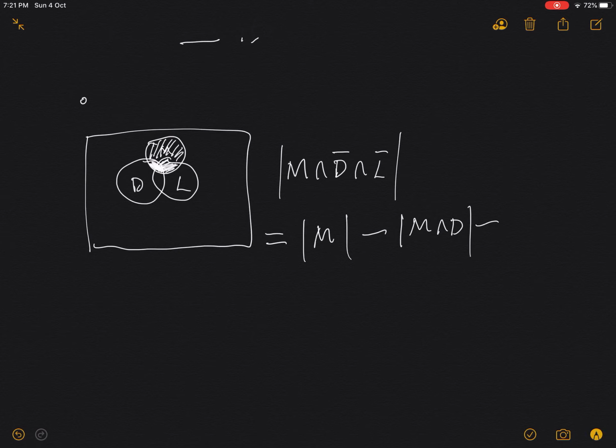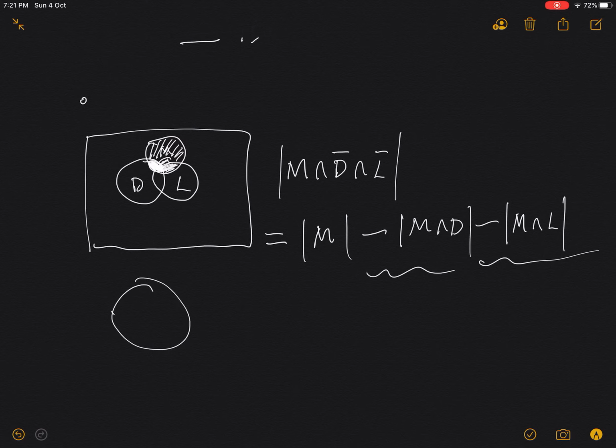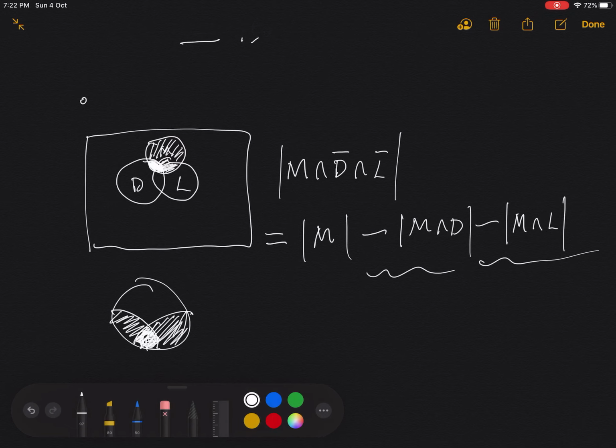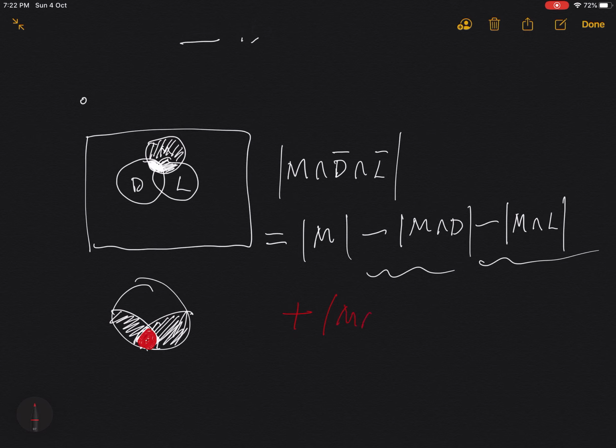After removing the two parts, look at the intersection of the three groups. We removed it twice, so we need to add back the intersection of the three groups.